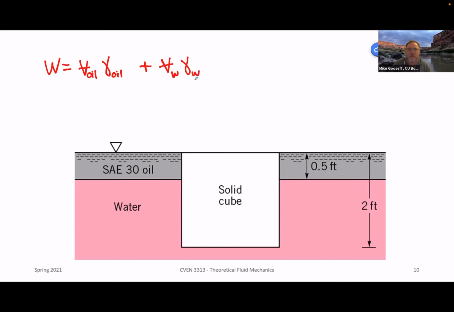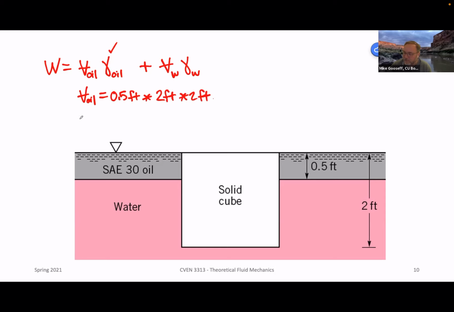All right. So essentially then it just comes down to a little bit of geometry. We already talked about what the gamma oil is on the previous slide. The volume of the oil that is displaced, we said is half of a foot vertically, and then we still have 2 feet back and 2 feet on this side, right? So times 2 feet times 2 feet.